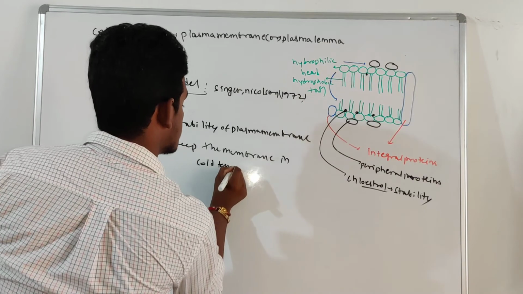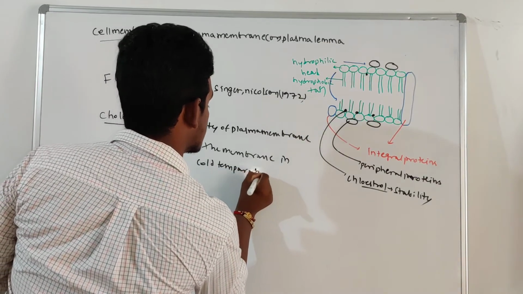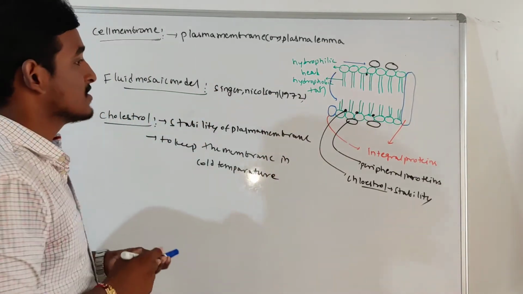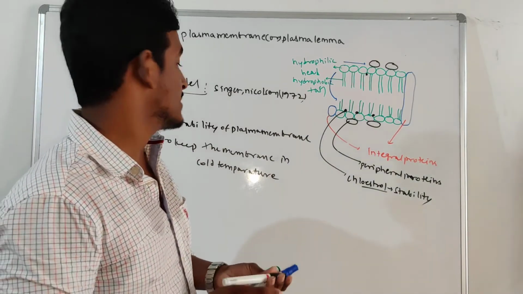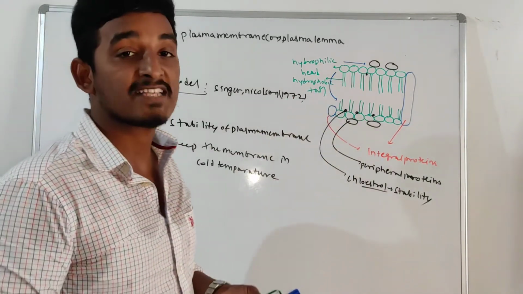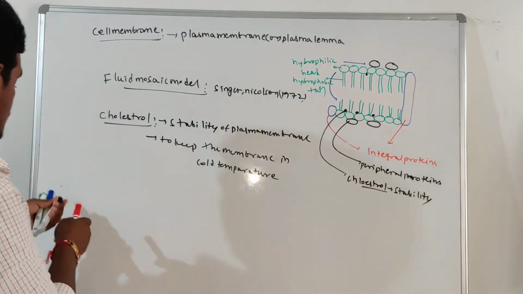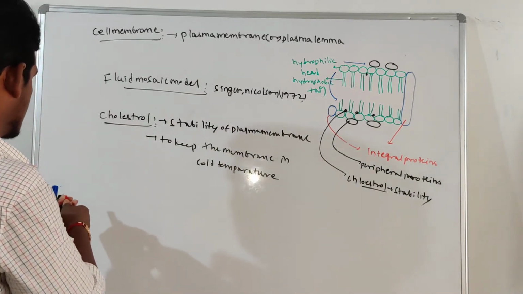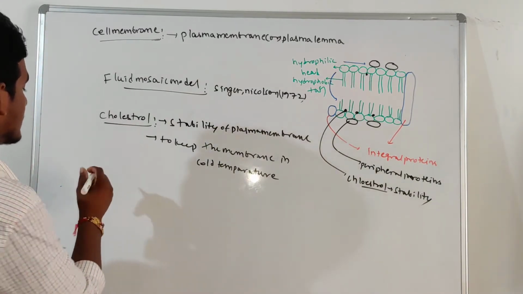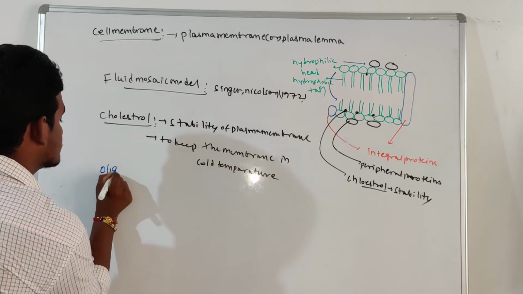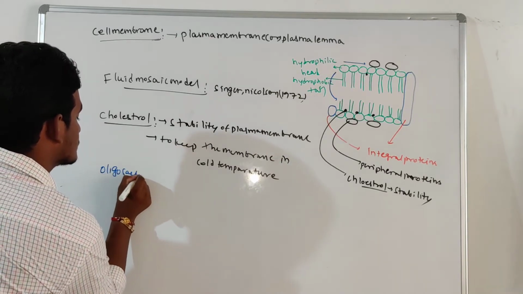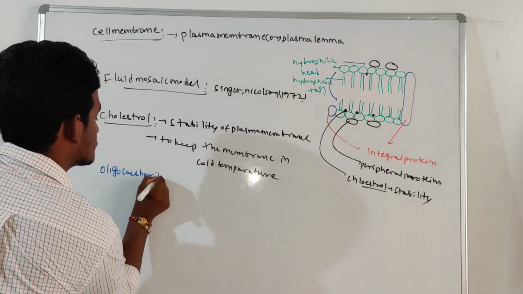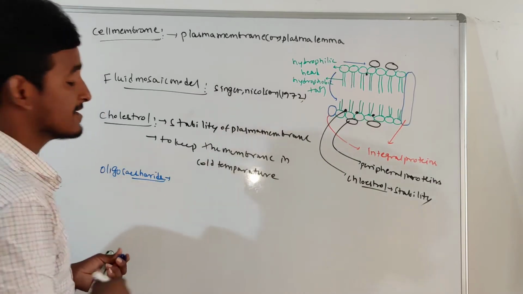So what are the other components present in this plasma membrane? That is carbohydrates in the form of oligosaccharides. How much quantity is present?